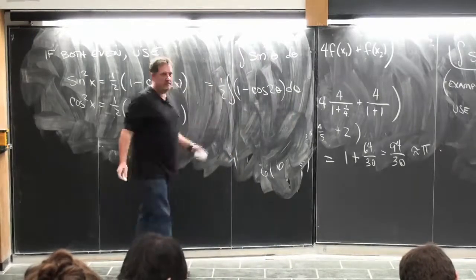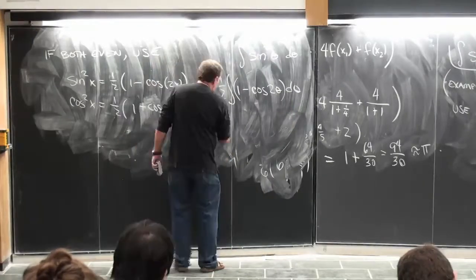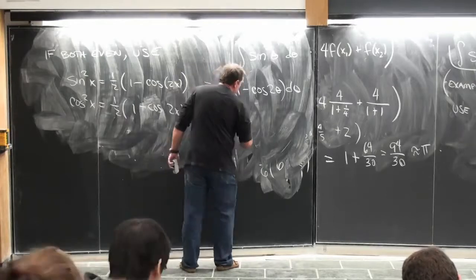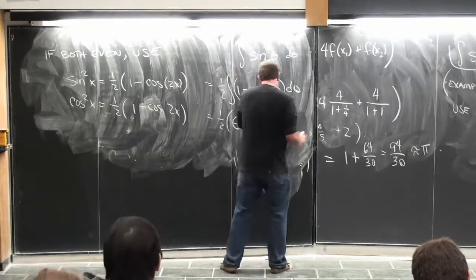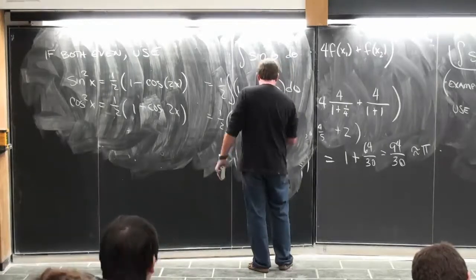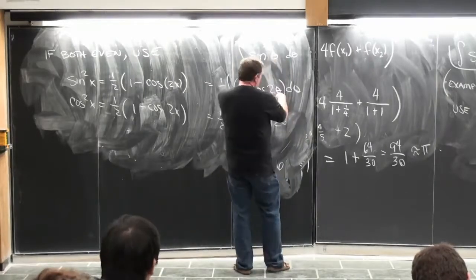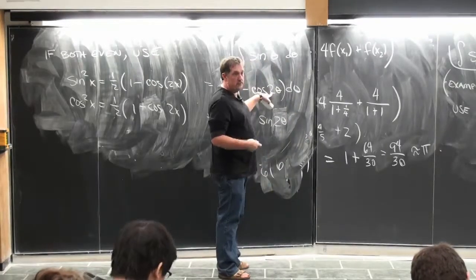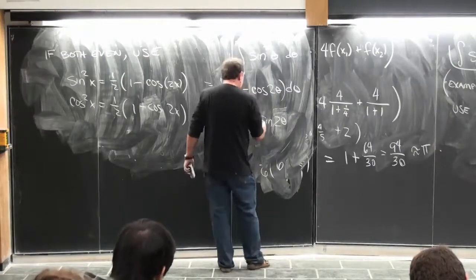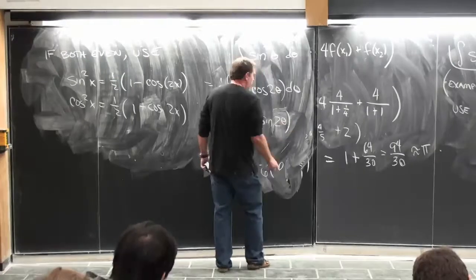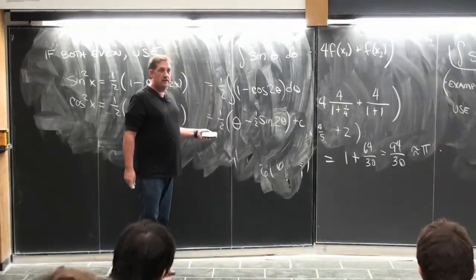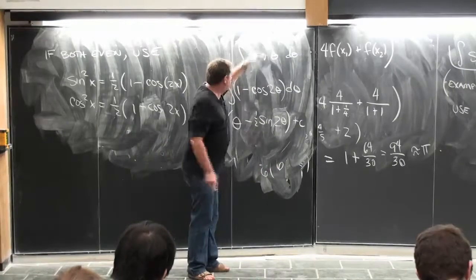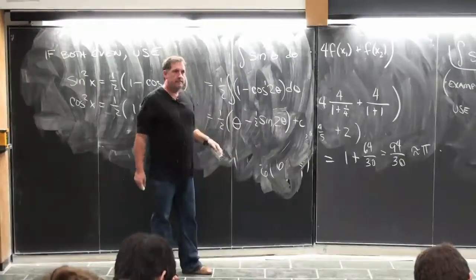And that's easy. This is just 1/2 theta minus sine 2 theta. But I'm letting u equal 2 theta, so du is 2 d theta, so I pick up another half.